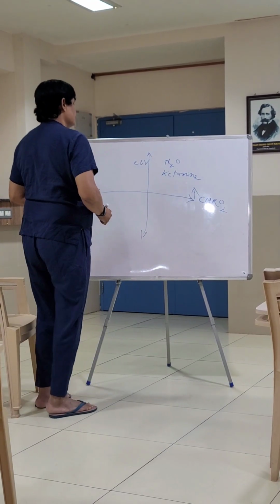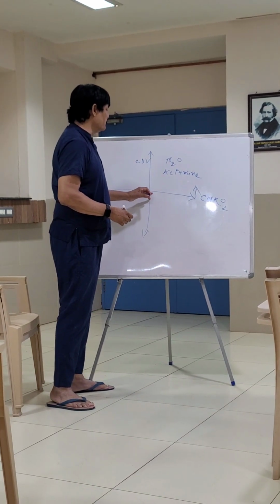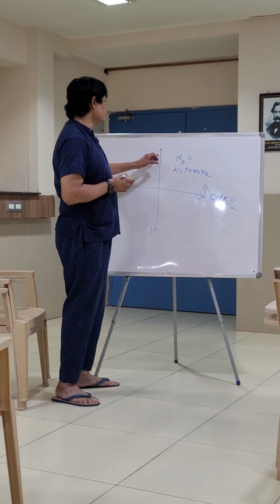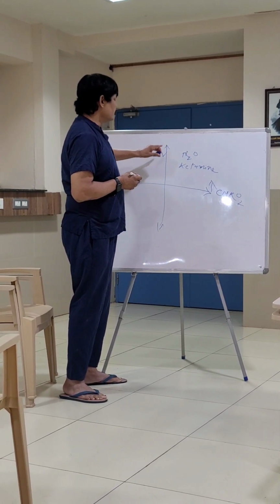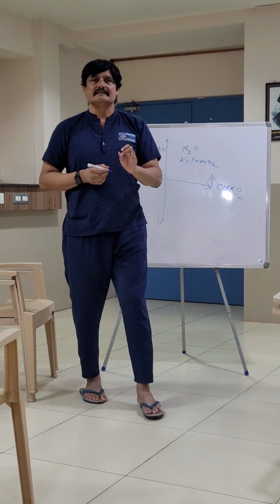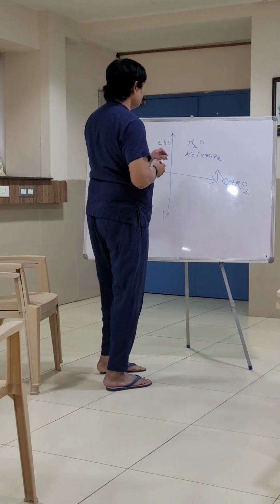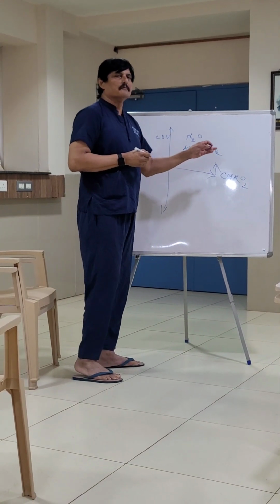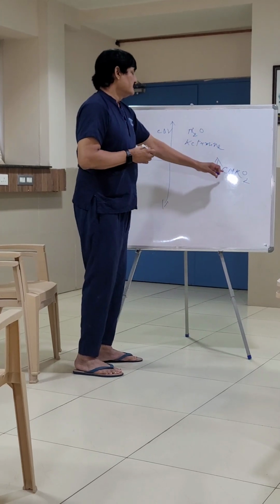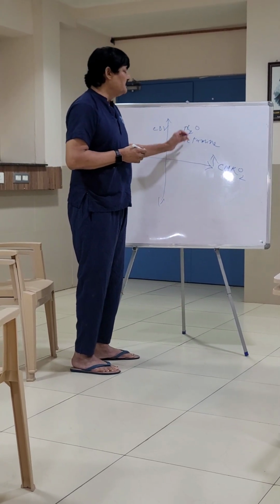That means nitrous oxide and ketamine will produce an increase in CMRO2 and an increase in cerebral blood volume. Only these two drugs will cause an increase in both.